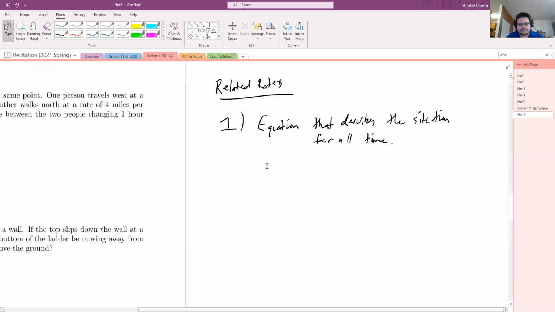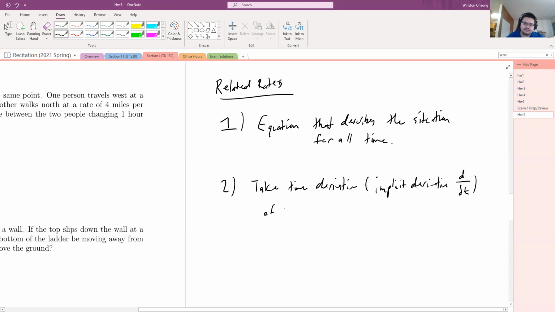Then what you do is take the time derivative, which is an implicit derivative. Namely, it is d/dt of that equation. At this point you have an equation that describes the way the quantities are changing with respect to one another.